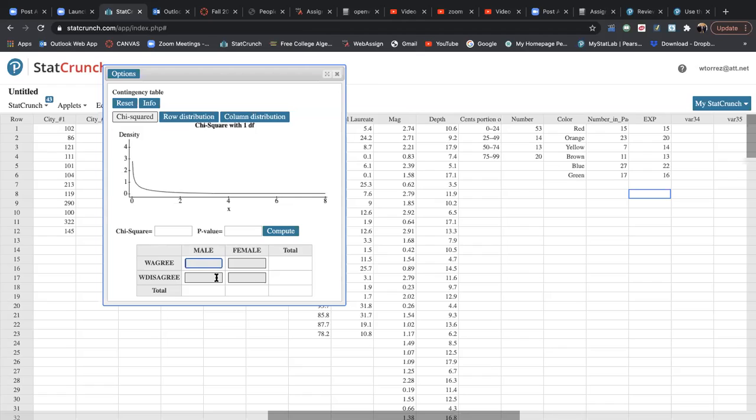So first row, first column is 442. Second row, first column is 258. First row, second column is 256. Oh wait, I have a typo here, I'm sorry. Okay, that looks better.